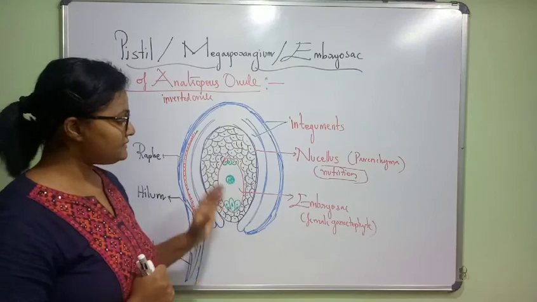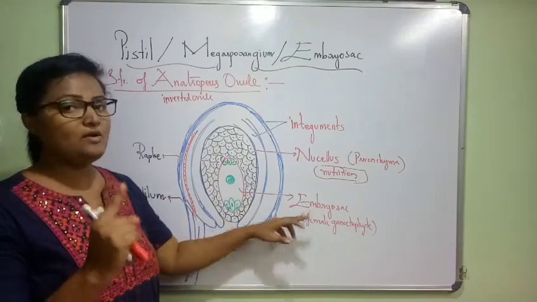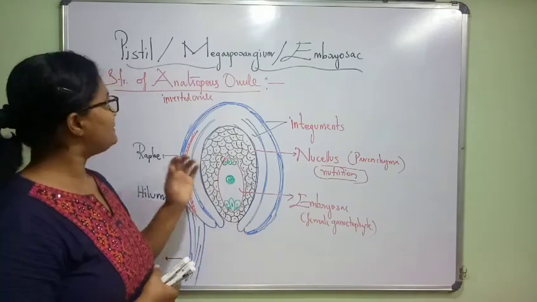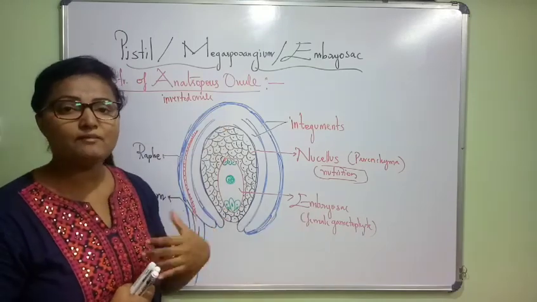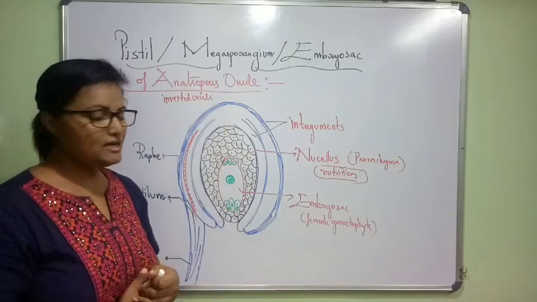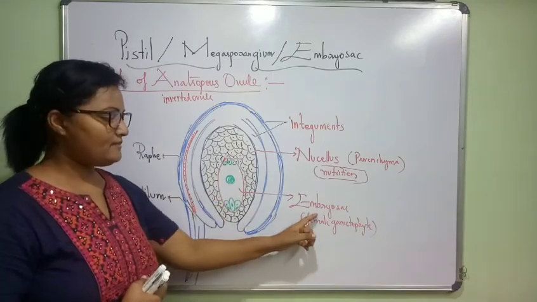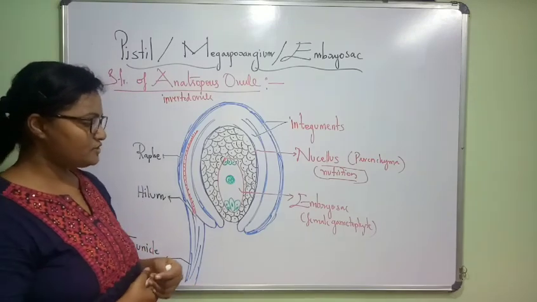This is a matured ovule which contains a matured embryo sac, which is ready to get fertilized. But we are going to study one by one how this embryo sac is produced. Understood? So this is the structure.